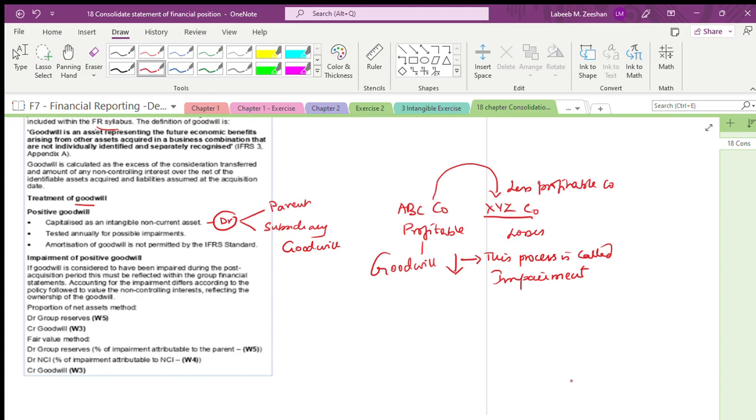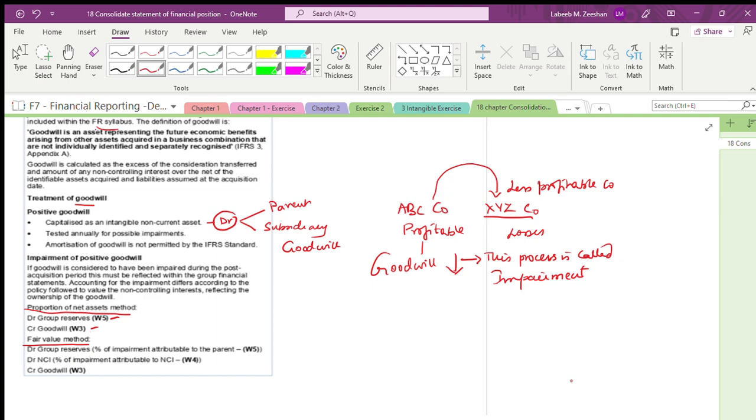Fine, we'll do that. Now, the impairment of positive goodwill, how the goodwill will reduce, depends on the proportion of net assets. In working 5 we have done the group retained earnings, and in working 3 we have done the calculation of goodwill.